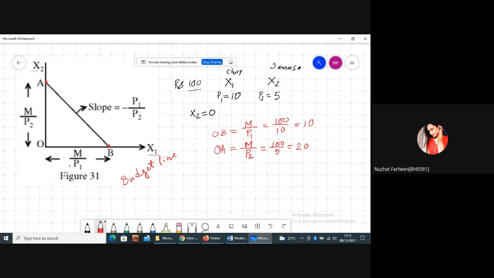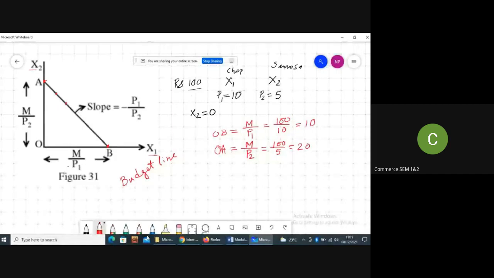Okay. At any point on the budget line, what will be the equation of the budget line? The equation of the budget line will be that your expenditure on the two commodities must be equal to your income. Now, what is your expenditure on the two commodities?